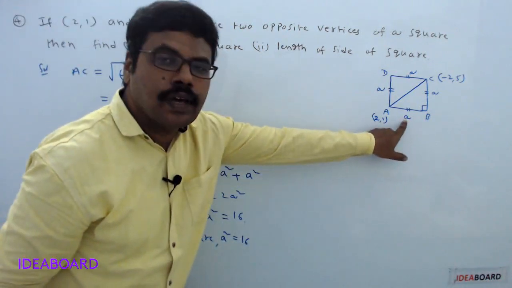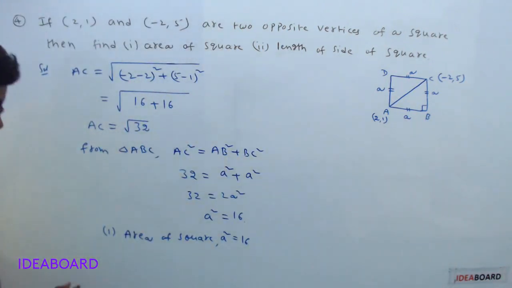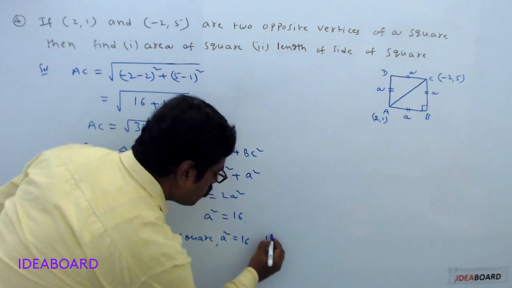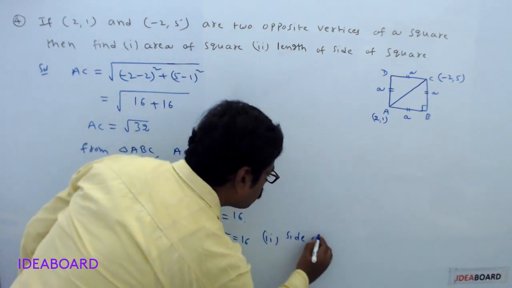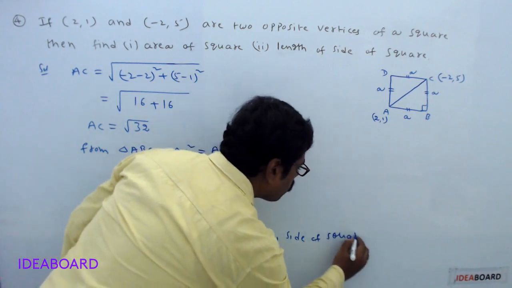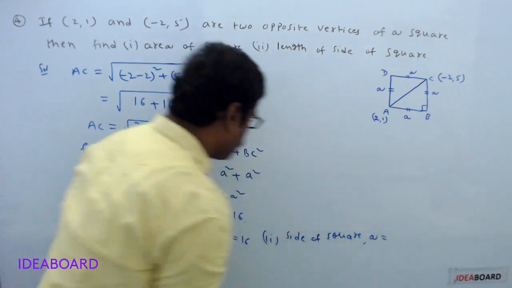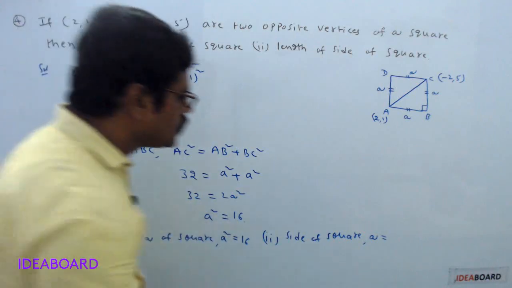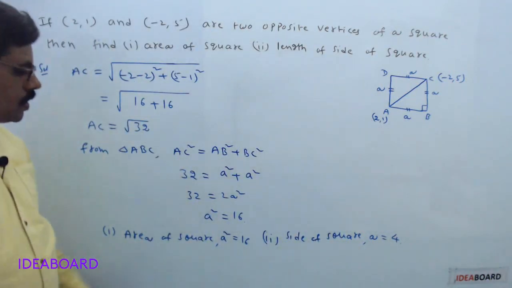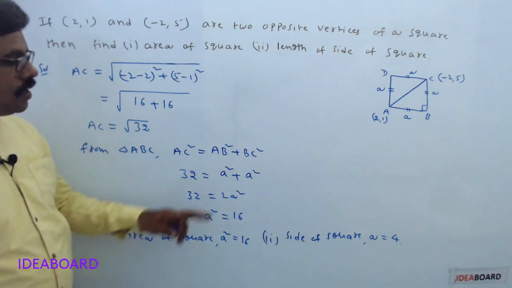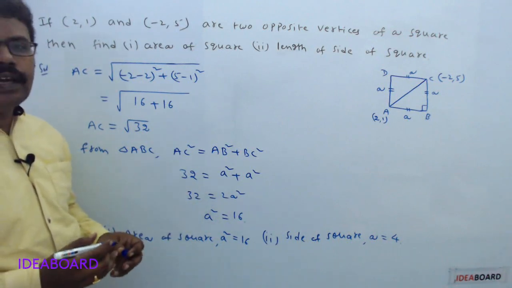The length of the side of the square is a. Now what is the answer to the second part? Side of the square a equals square root of a square value 16, so a value is 4. So therefore the area of the square is 16, and the length of the side of the square is 4.